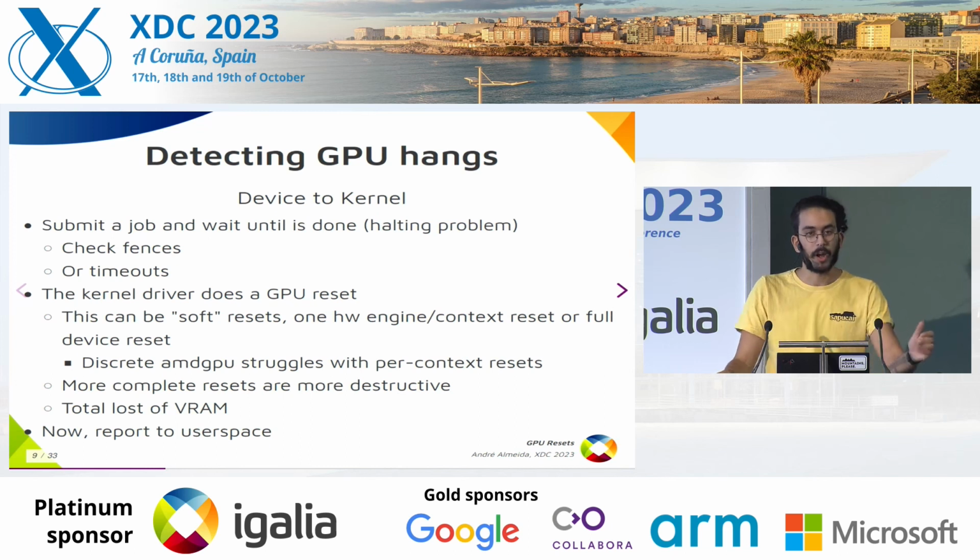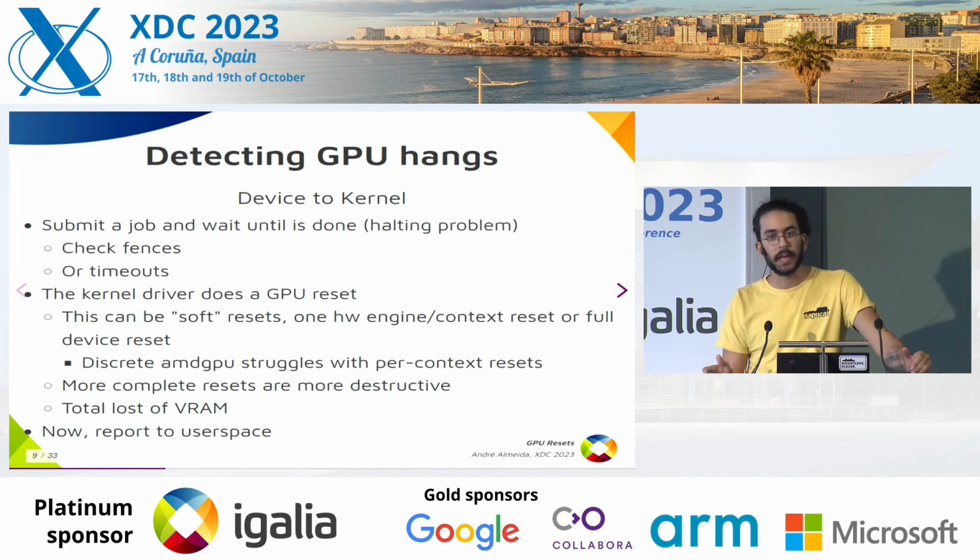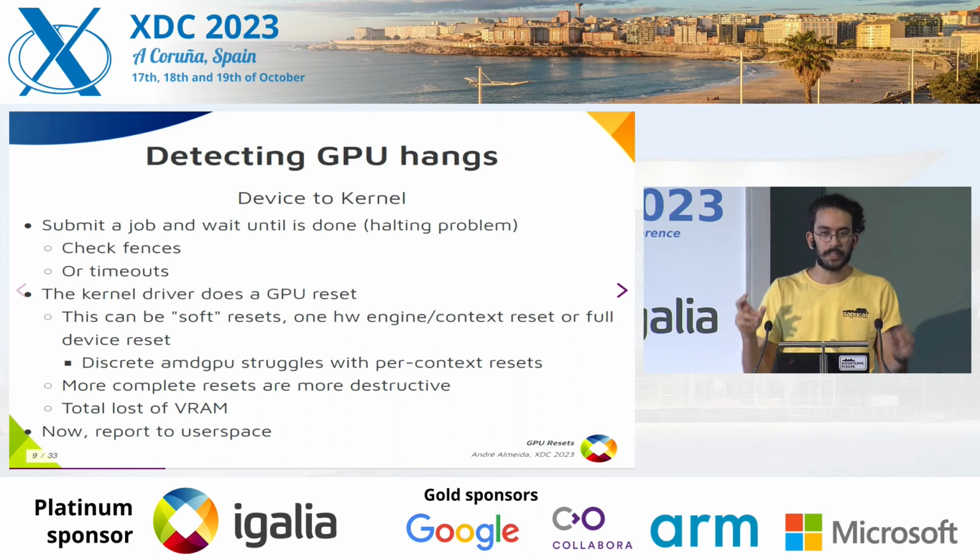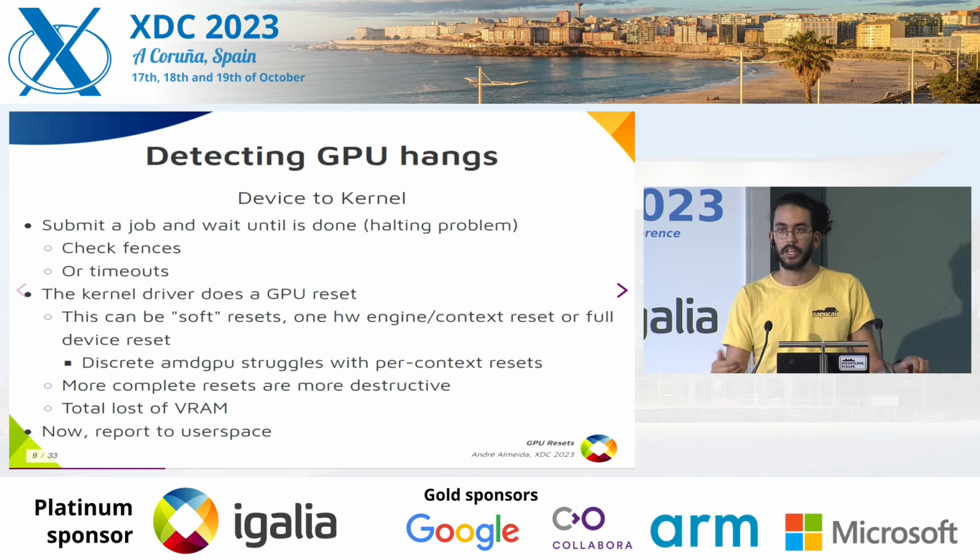And now the kernel driver needs to do the soft reset, so we can step out of this hang state. And this is very vendor specific. Each hardware supports different types of resets. So we have what are called soft resets that will only reset the context or the engine that has problems. And we also have full device resets.